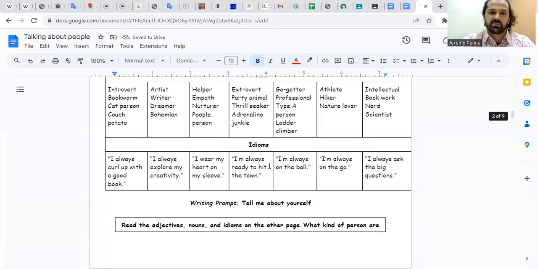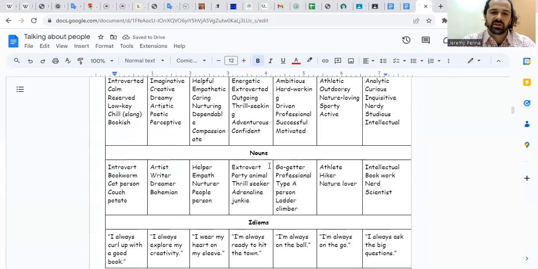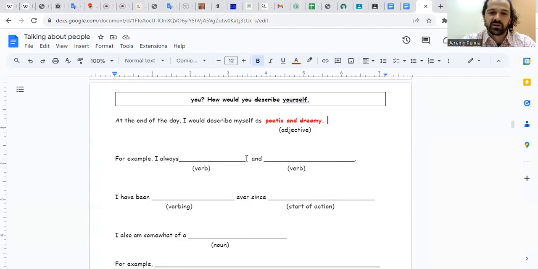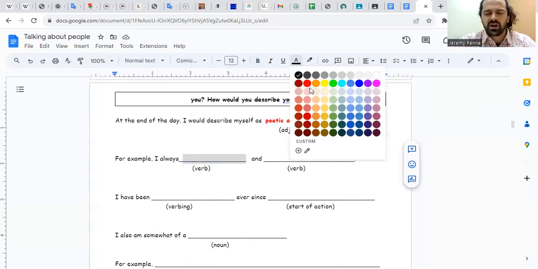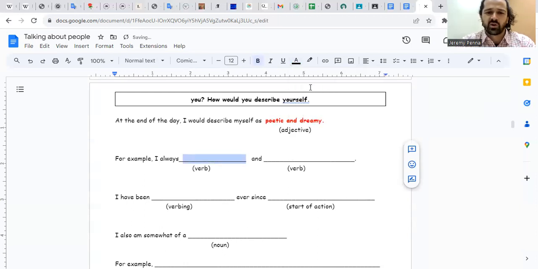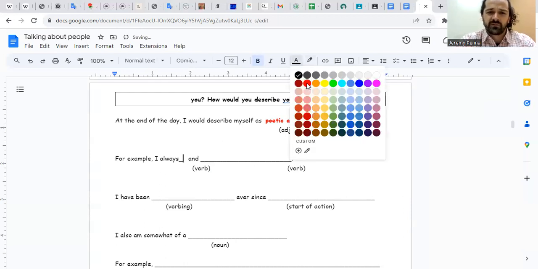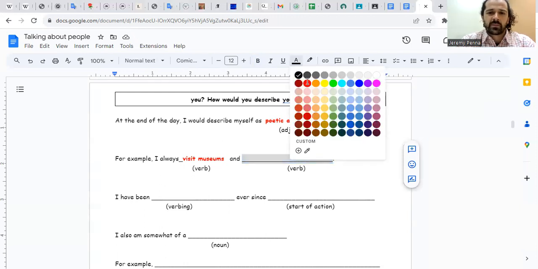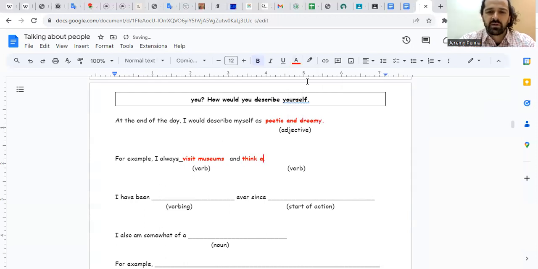For example, we have to use our own verbs. I don't give you the verbs, but what do poetic and dreamy people do? For example, I always visit museums and think about deep questions.